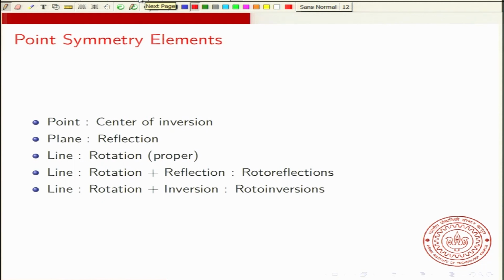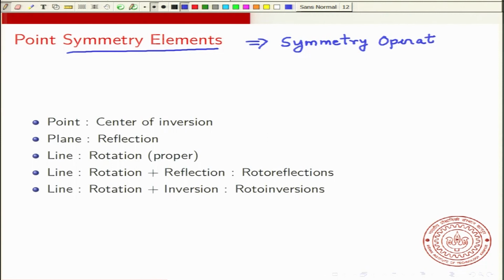Whenever we are discussing symmetries, there is a concept of a symmetry element, and this symmetry element leads to a symmetry operation. So, we always talk about symmetries in terms of both symmetry elements and symmetry operations.